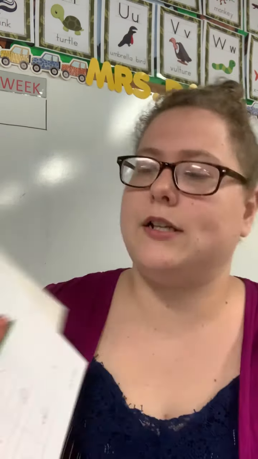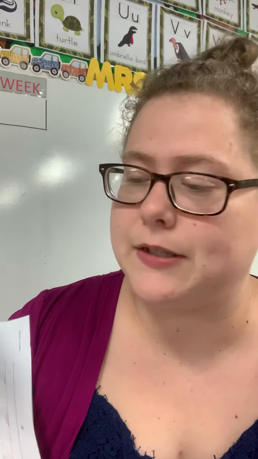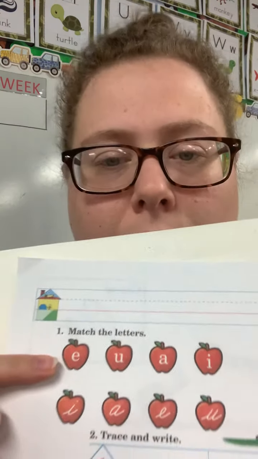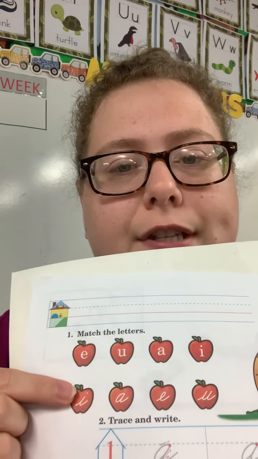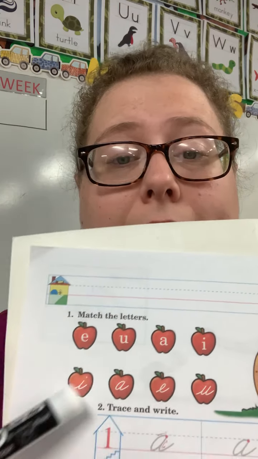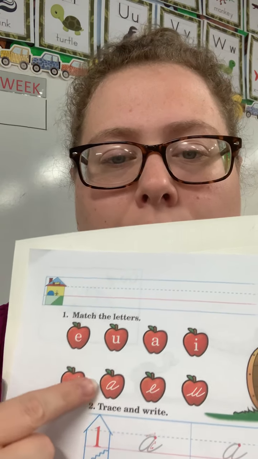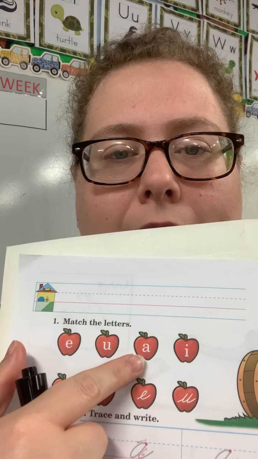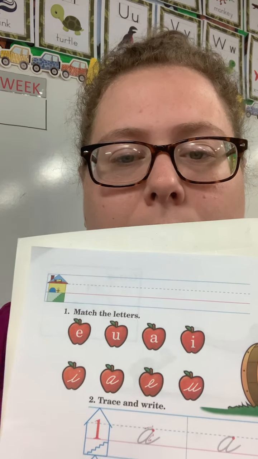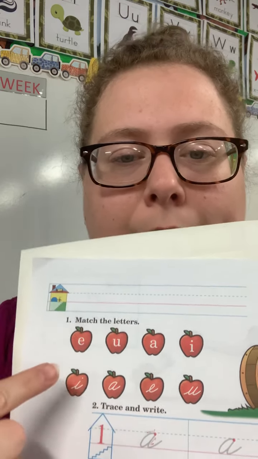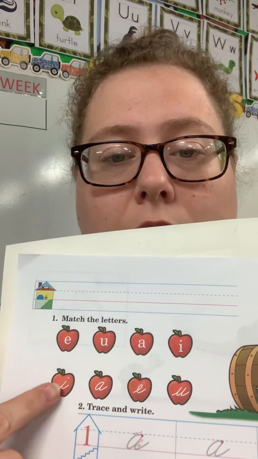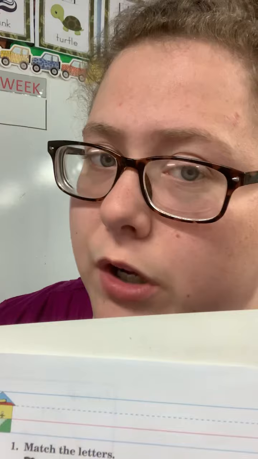Okay, so what it tells you to do is I want you to match the letters. So up here, here's print, here's cursive. You're gonna draw lines and tell me which ones match. So this is E, U, A, and I. You're gonna use those letters and match the letters down here. So I'll help you with the first one, okay?